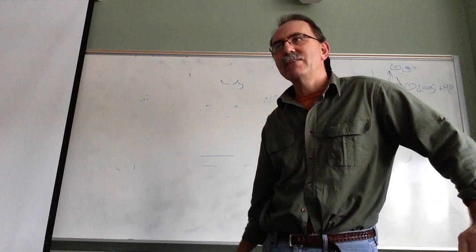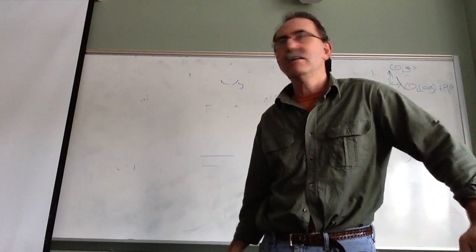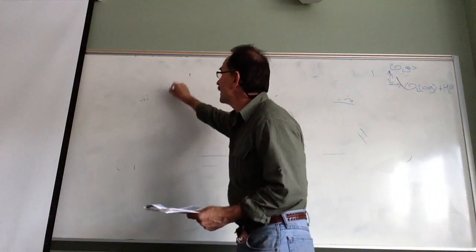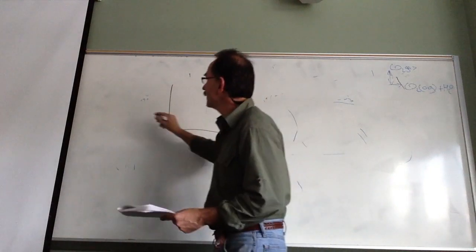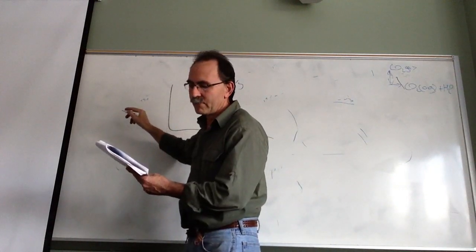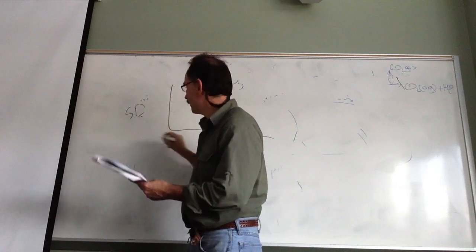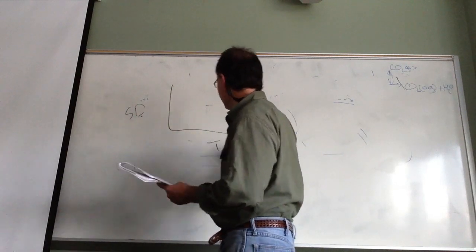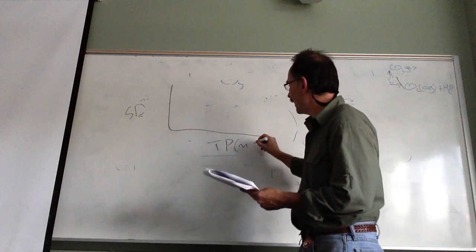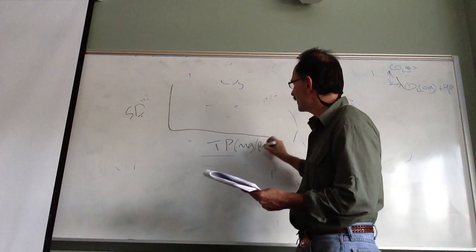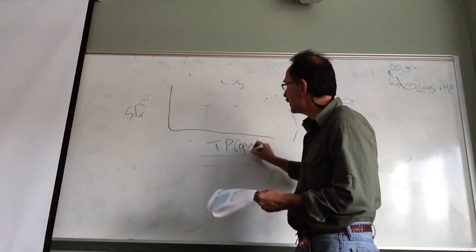She did a PhD for a guy called Hank McKellar over here several years ago. But it's kind of interesting over here. This is your Secchi disc depth, and this is your total phosphorus in milligram per liter. No, it's microgram per liter.